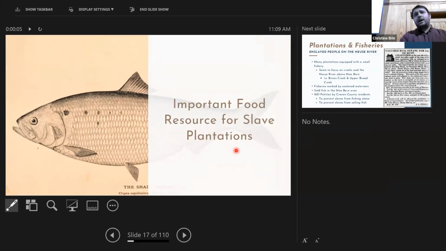Herring and shad were not only an important food source for regular folks, but also for slave plantations in North Carolina. It was a cheap, easily accessible food source, better than feeding people corn and rice all the time, but they had to have some protein in the diet.